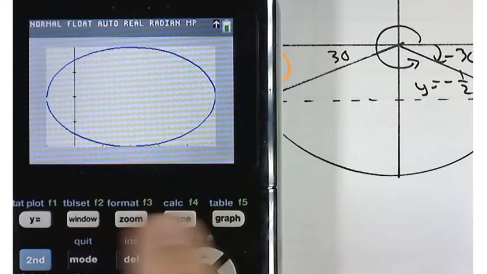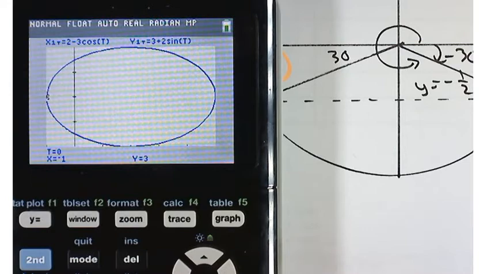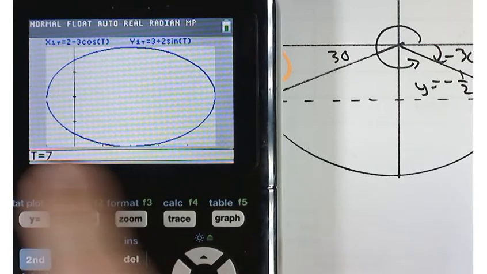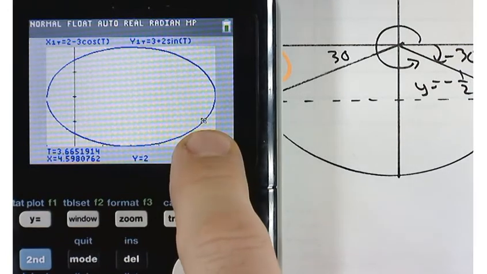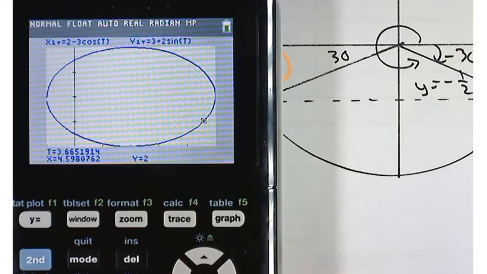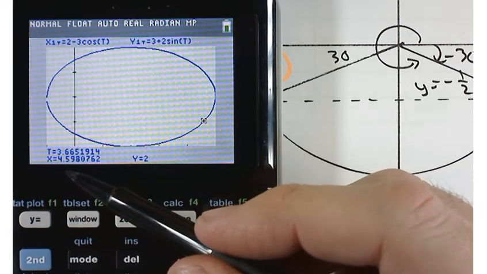You can trace, if you hit the trace key and type in 7 pi over 6, as soon as you hit the 7 or any number, it's going to open up this window on the bottom. 7 pi divided by 6. That looks pretty good. We're going to get a point that looks a lot like what we're looking for.